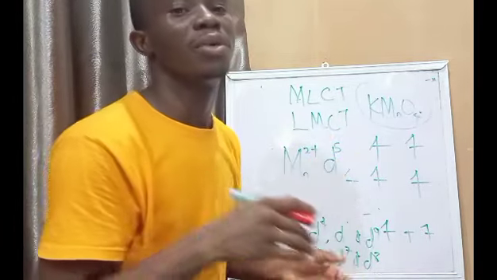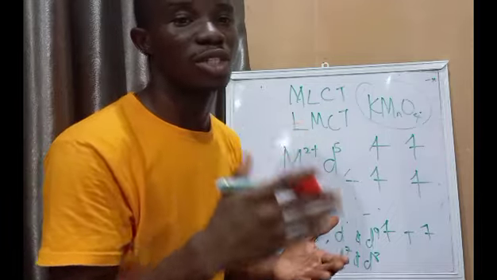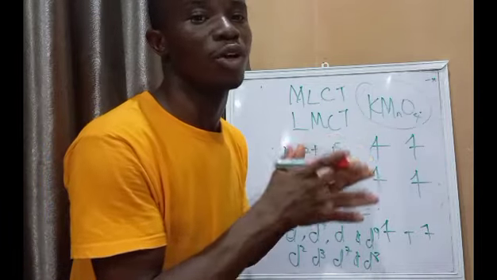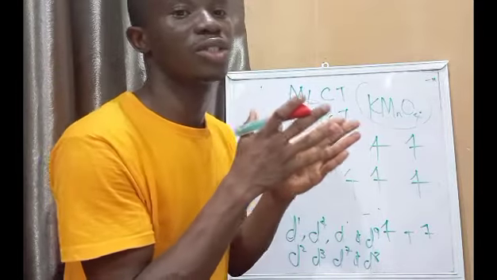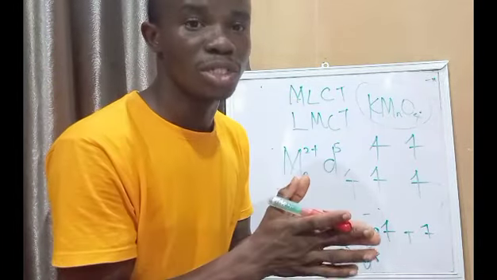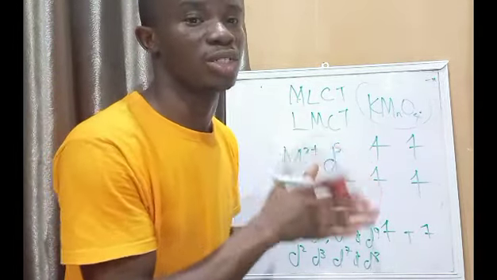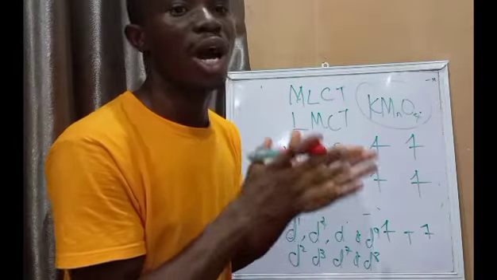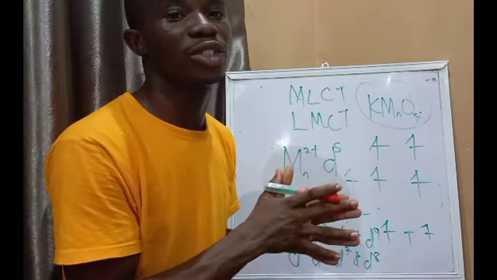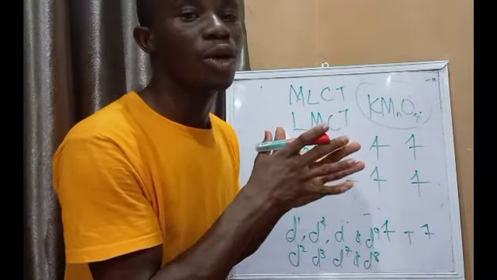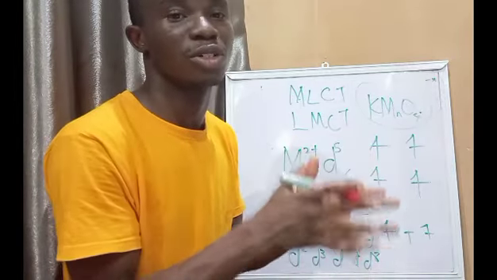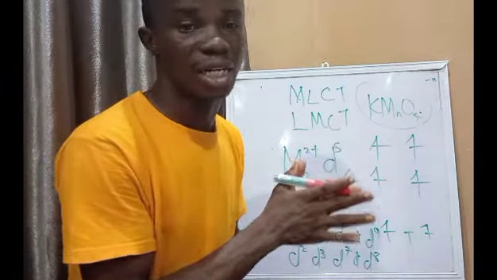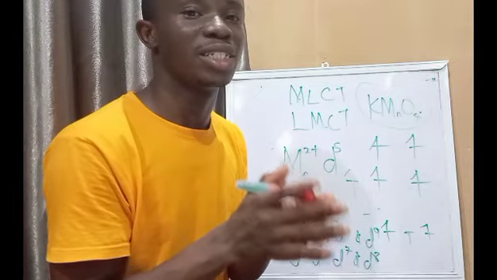At the same time, we've talked about different kinds of transitions that can occur due to the absorption of light in this region, which involve the intraligand transition, the d-to-d transition, and the last one, which is the transition involving charge transfer. I said that the intraligand transitions involve transitions that occur within the ligand.